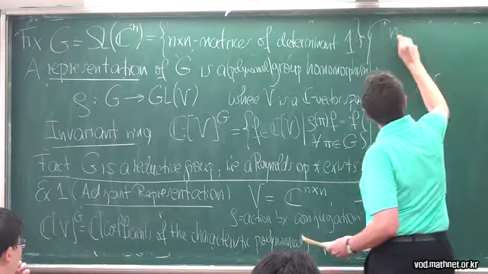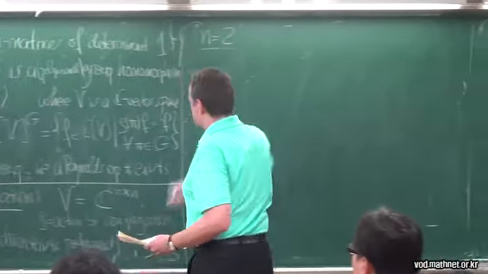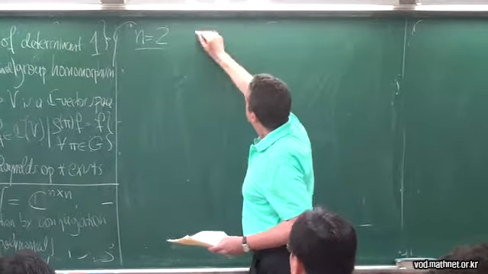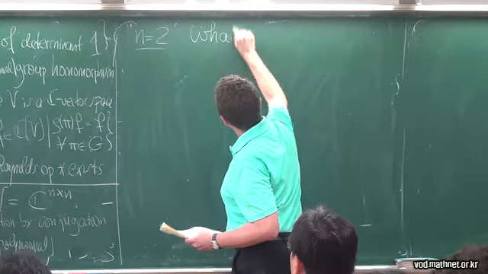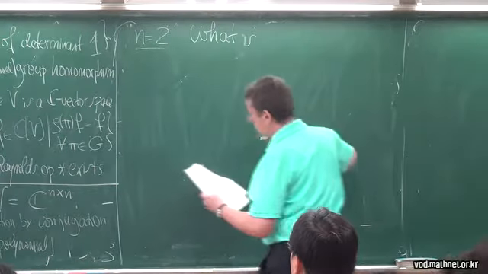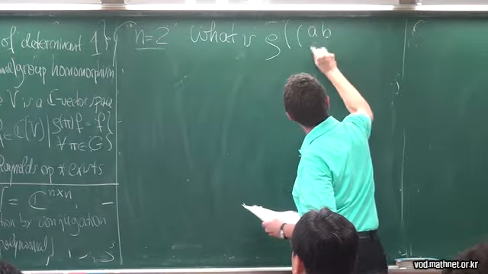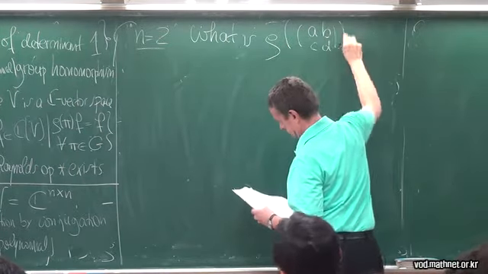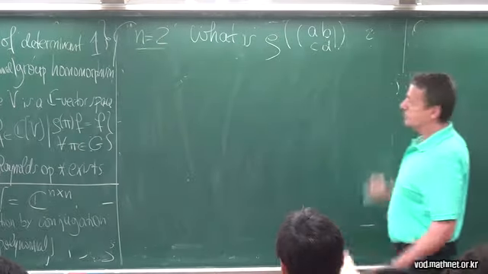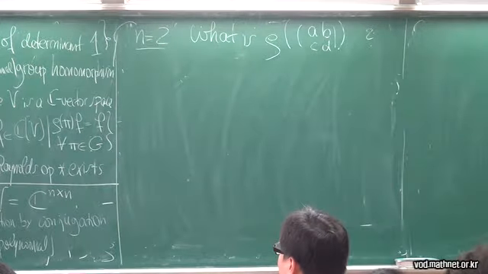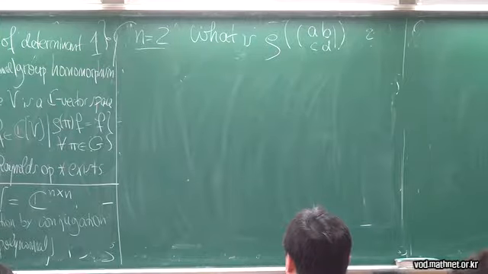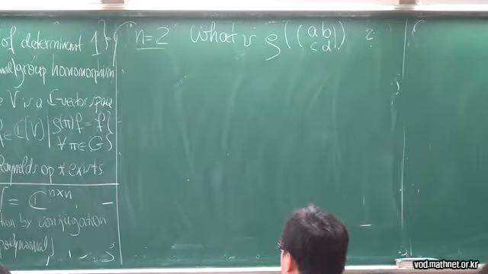People sort of jump over this, but if you're not so familiar with the mechanics of this, it's always good to work out the representation. So for example, if n is 2, then I have SL2 acting on the 4-dimensional space of 2 by 2 matrices.